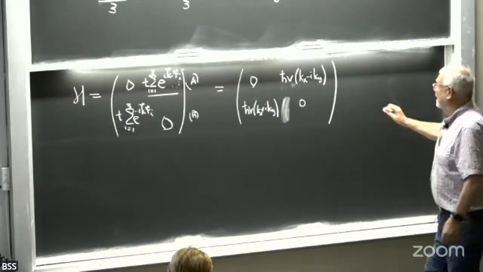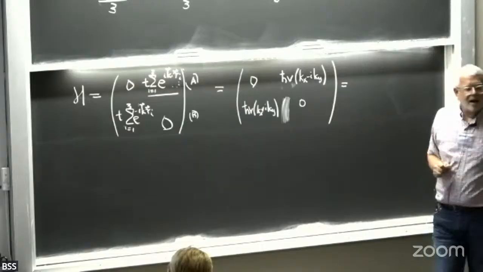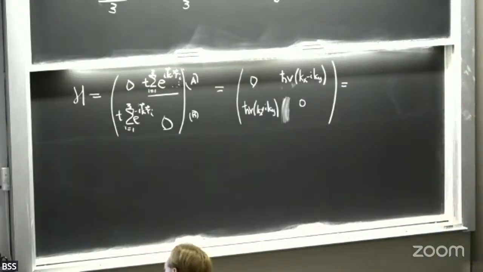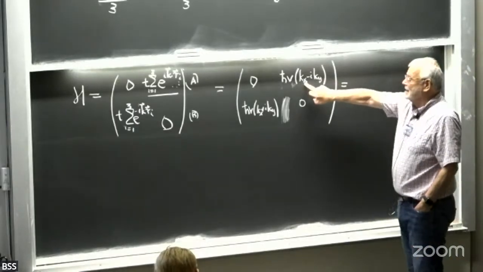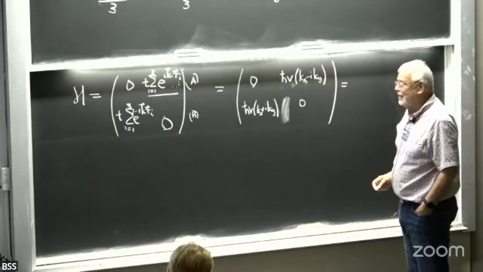And whenever you see a 2 by 2 matrix, it's a pseudospin. And so it's natural to think about this as sublattice pseudospins in a graphene sheet.